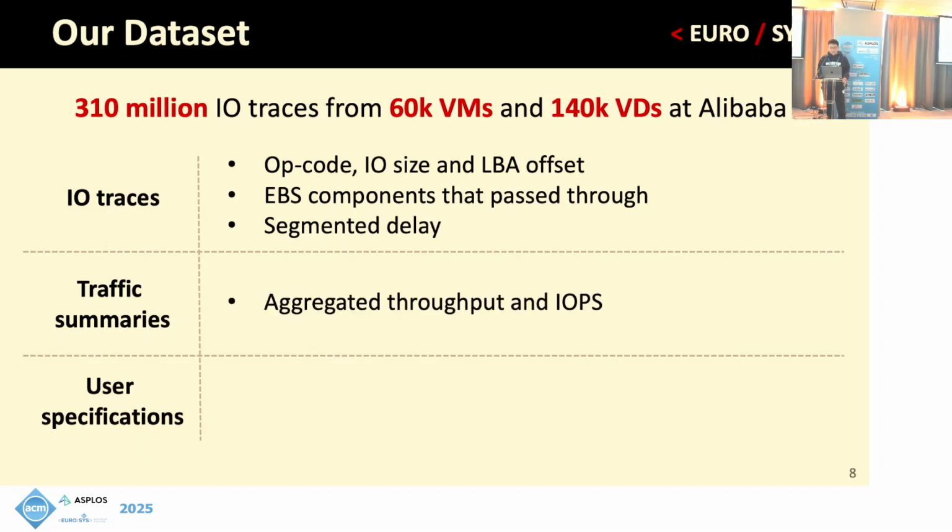The traffic summary aggregates the I/O trace to the throughput and IOPS, but at full scale without any downsampling. And the user specification records user ID and the configuration of their VMs and VDs. For example, how many VDs a user purchased and their capacities.